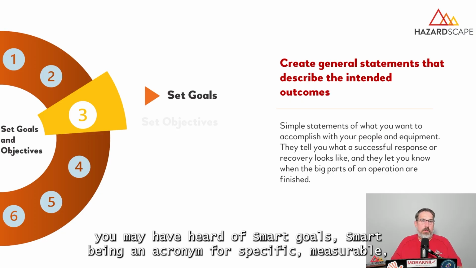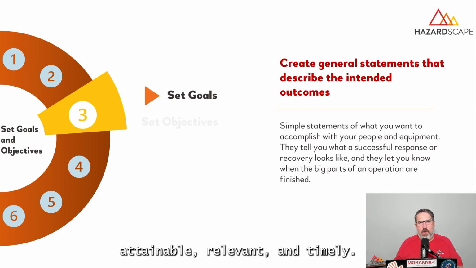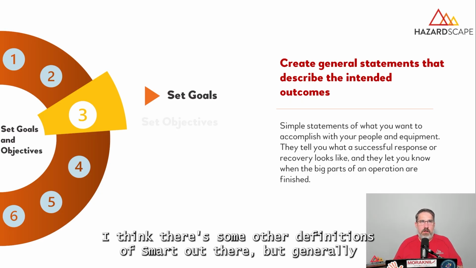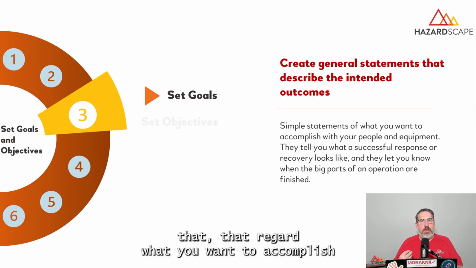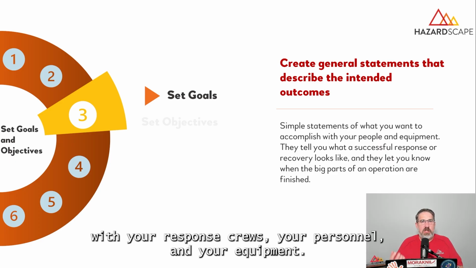You may have heard of SMART goals, SMART being an acronym for specific, measurable, attainable, relevant, and timely. I think there's some other definitions of SMART out there, but generally you want to create some simple statements that regard what you want to accomplish with your response crews, your personnel, and your equipment.